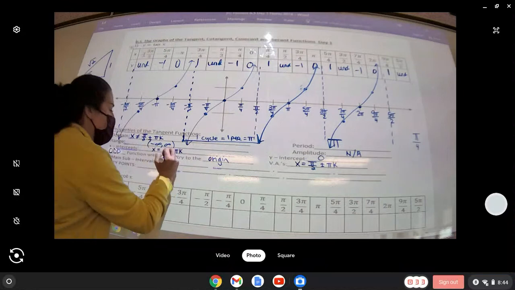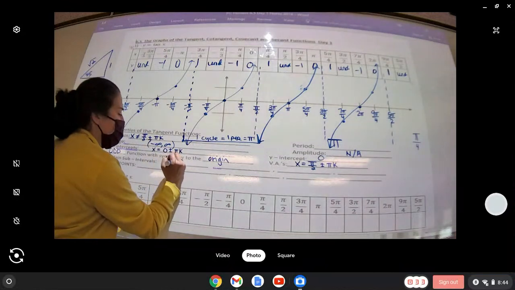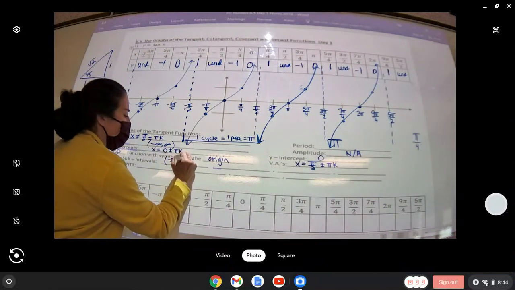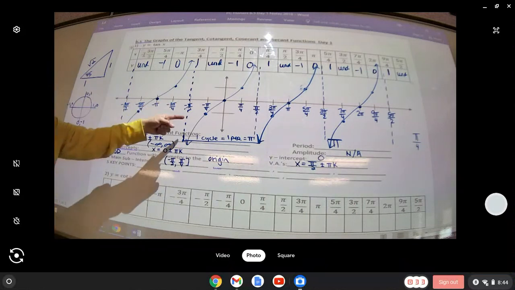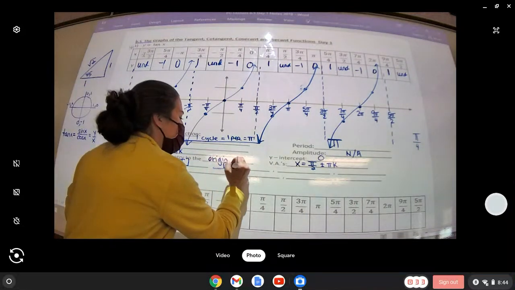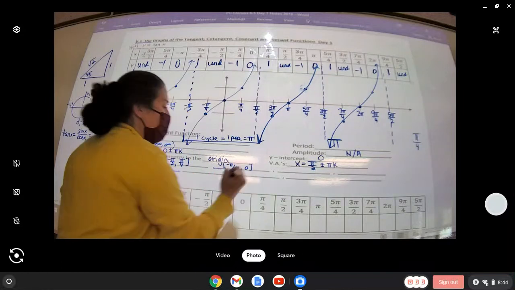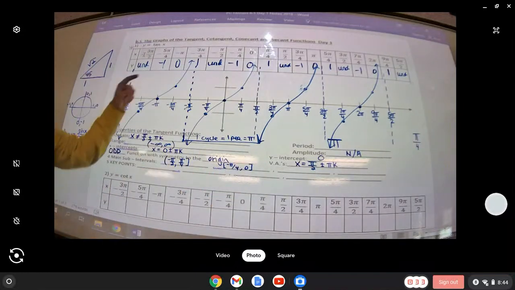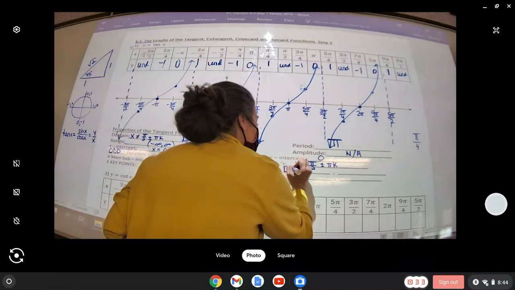All right, so we go from negative pi over 2 to negative pi over 4 as our first subinterval. We go from negative pi over 4 to 0. We go from 0 to positive pi over 4.